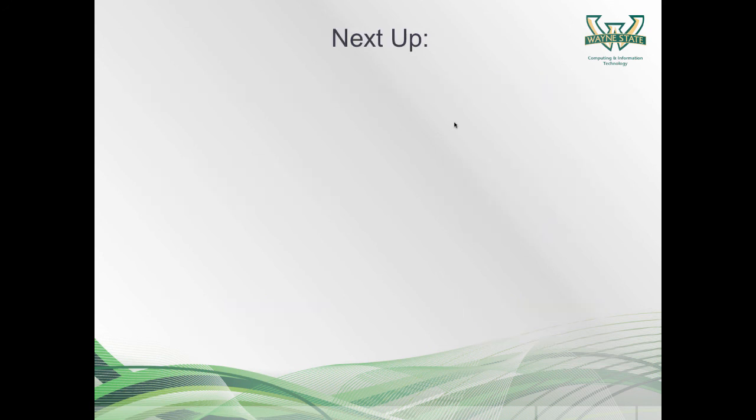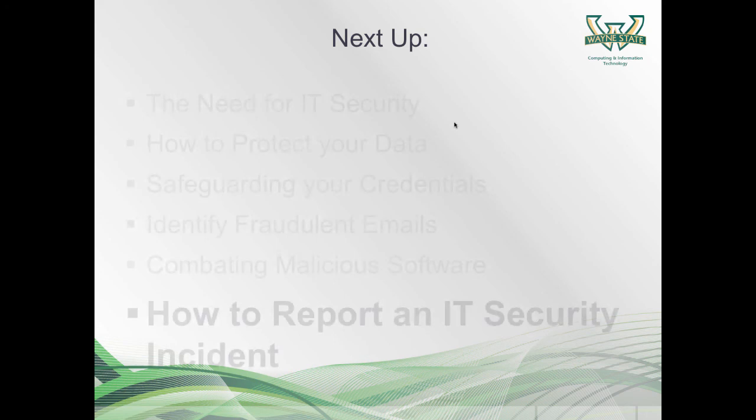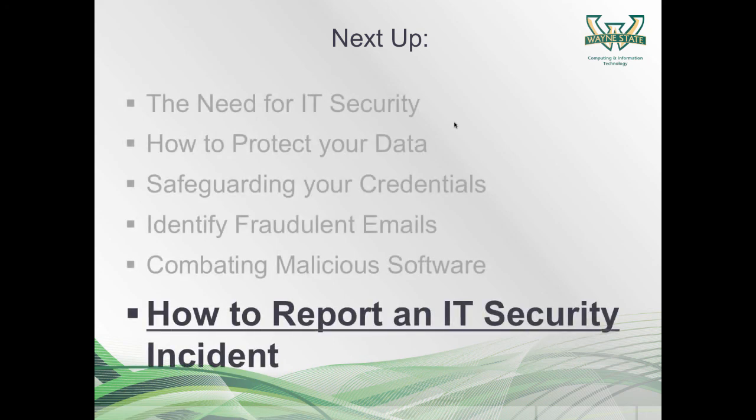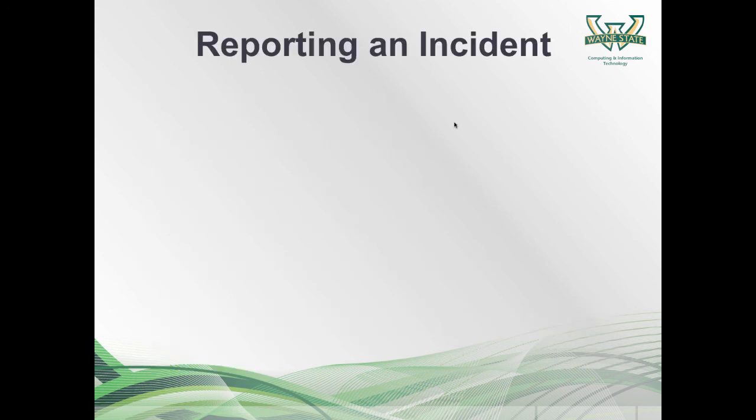All right, we are almost done, I promise. The last topic for today is learning how to report an IT security incident. I saved the easiest topic of all for last. Because you are all now security wizards, you should be able to identify possible suspicious activity or behavior.